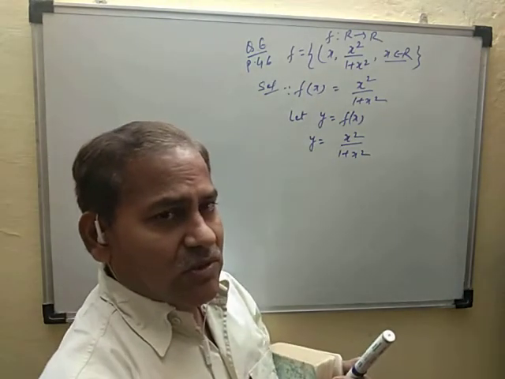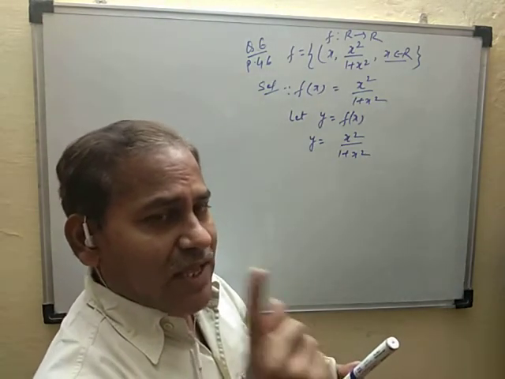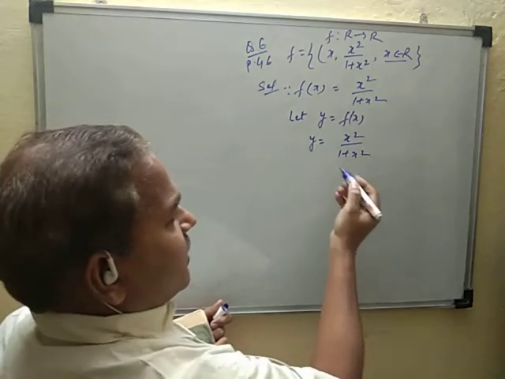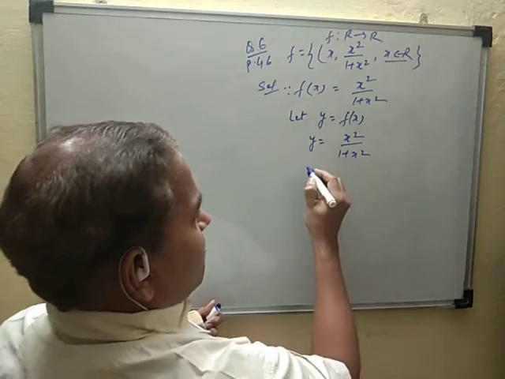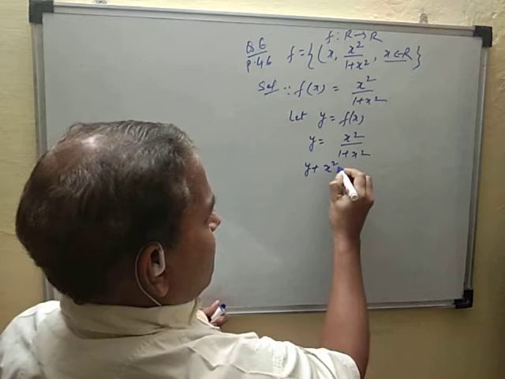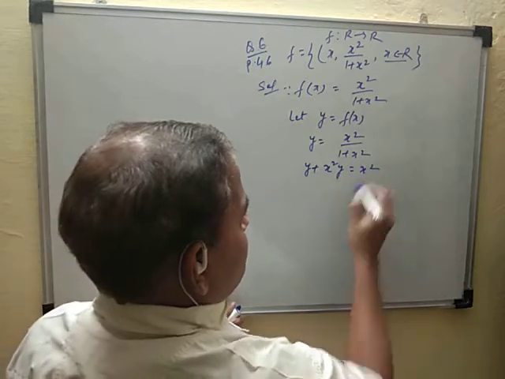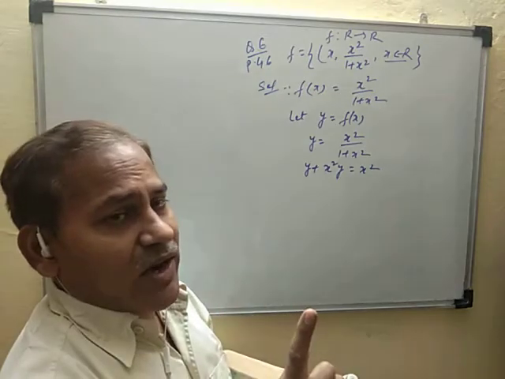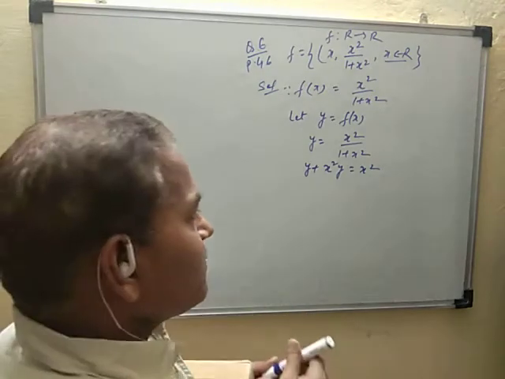For range, first find the value of x in terms of y. So find x in terms of y, then cross multiply. So y plus x square y is equal to x square. From here we have to find the value of x in terms of y.